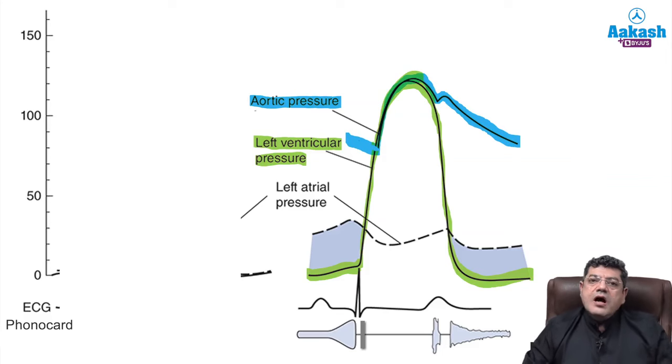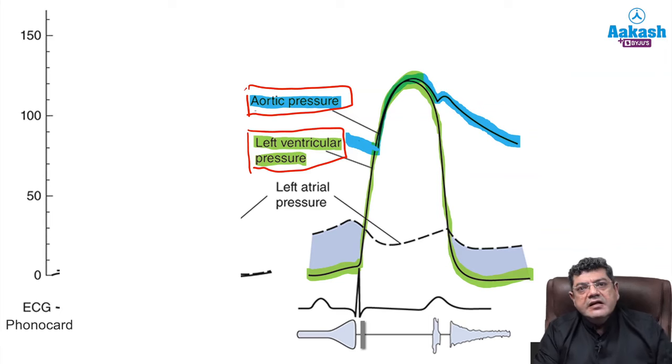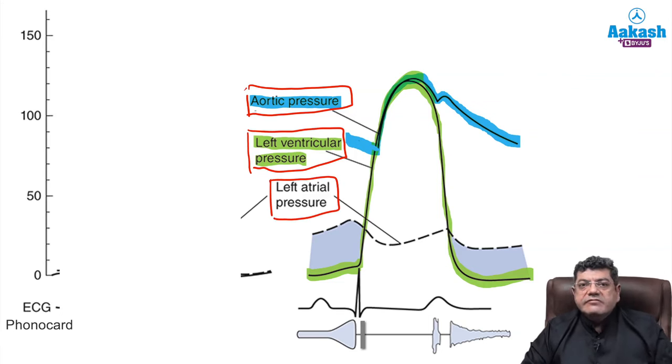Let's look at how the hemodynamics work. The blue curve there is aortic pressure, and you will know that that would of course be unaffected in patients with pure isolated MS. Left ventricular pressure, that's the green curve, is also unaffected or normally functioning in patients with pure isolated MS. It's the left atrium that bears the brunt of this valve stenosis, right?